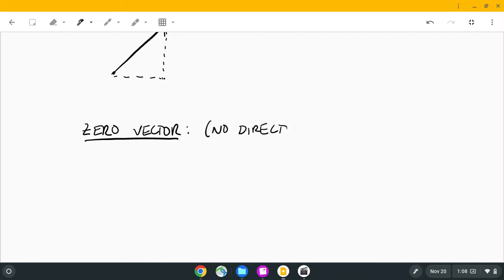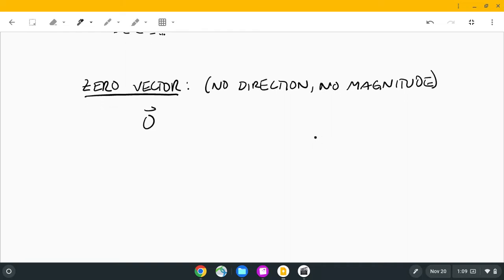That's like if you're flying and you have zero wind. We use a zero with an arrow to denote the zero vector, and the magnitude of this would be 0.